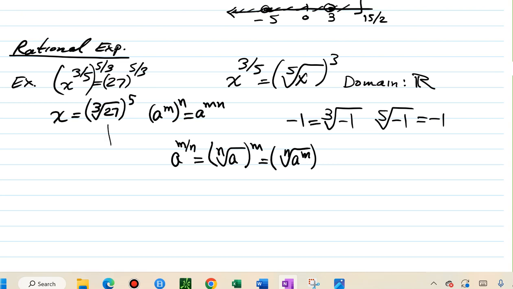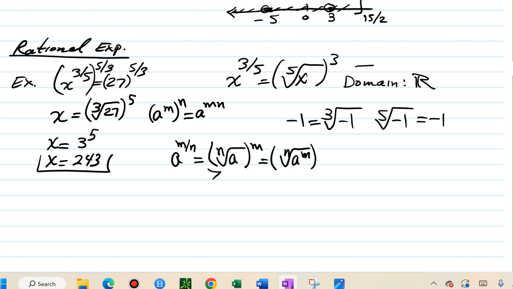I'm going with the first option, because I can take the cube root of 27. That's just 3, and then do 3 to the 5th power. I believe 3 to the 5th power, that's 3 by 3 by 3 by 3, 9, 81 by 3, 243.